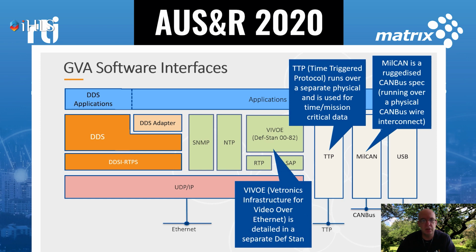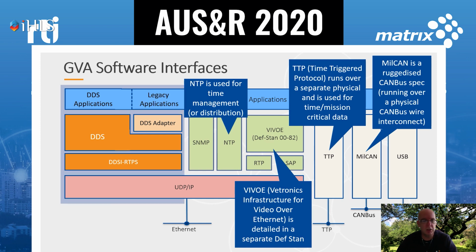What DDS doesn't do is manage time. So NTP is used for time management in the context of this system. And then DDS is used for connecting all the DDS specific applications within a GVA vehicle. Some of those applications are legacy, in which case some form of DDS adapter may be needed.